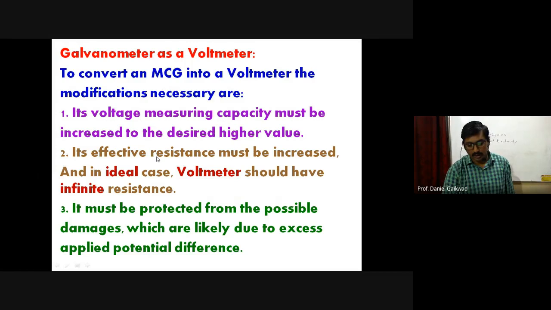So here we have to increase, exactly opposite, and in the ideal case, voltmeter should have infinite resistance. So in case of ammeter, zero resistance, and in case of voltmeter we have infinite resistance. And number third, we must protect it from possible damages which are likely due to excess applied potential difference.